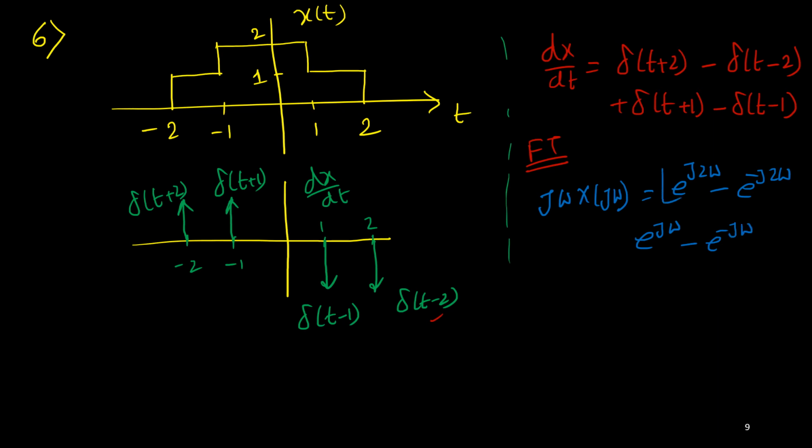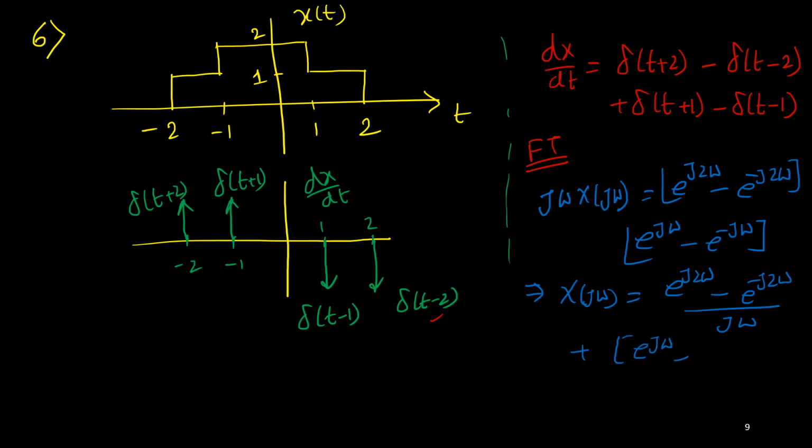So if I simplify it, I'll get capital X of j omega equal to (e^(j2 omega) minus e^(-j2 omega)) upon j omega plus (e^(j omega) minus e^(-j omega)) by j omega.